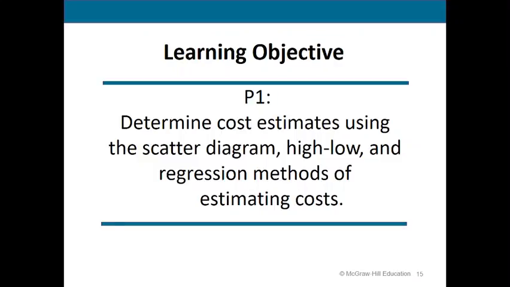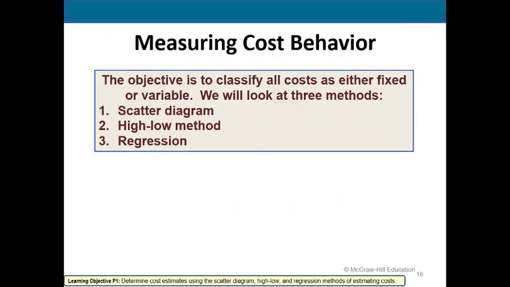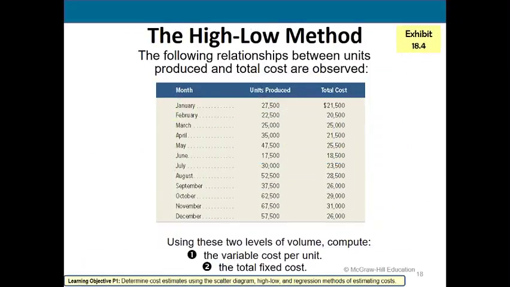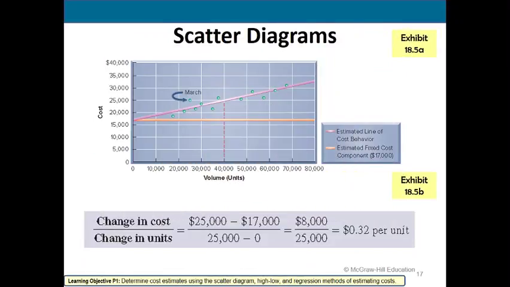All right, so you can determine cost estimates using different types of methods here, and they list 3. The objective here is to classify all costs as either fixed or variable. There are 3 methods: the scatter diagram method, the high-low method, and the regression method. The scatter diagram method simply puts dots on a graph.